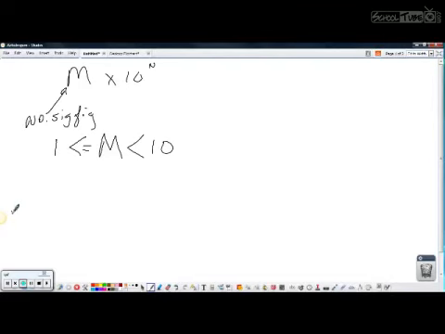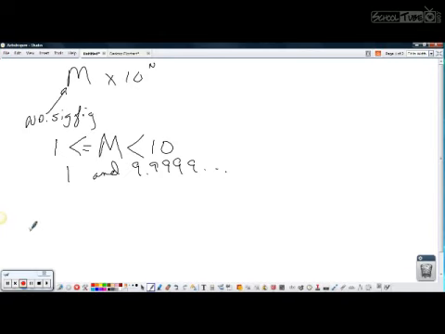So m has to be somewhere between 1 and 9.9999 and continued on with as many 9s as you care to write. There will never be an m that's 20 or 14 or 0.1 or 0.999.